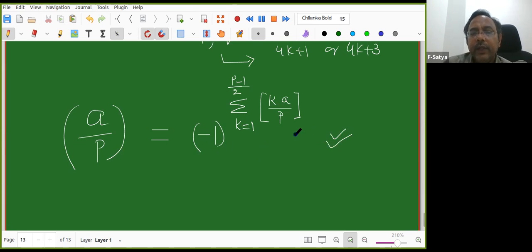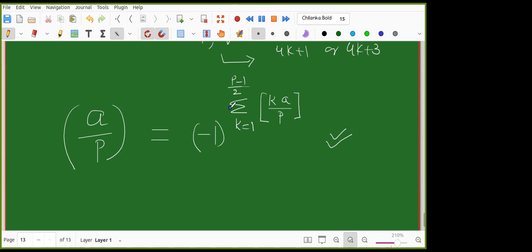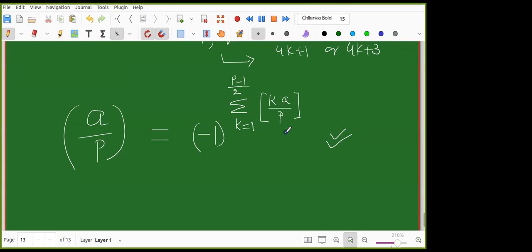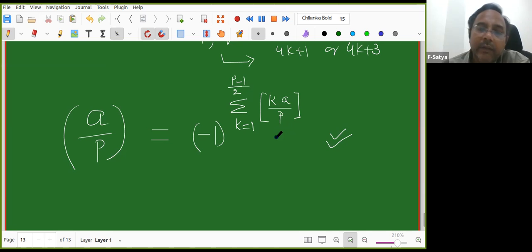See the beauty of how people proved things one after another. In the Gauss lemma, what was this number n? It was the number of elements in the set S which are greater than P/2.